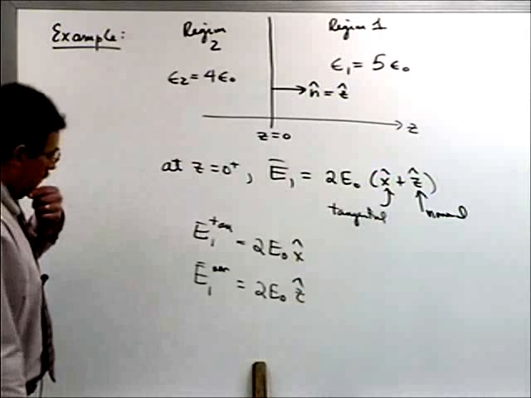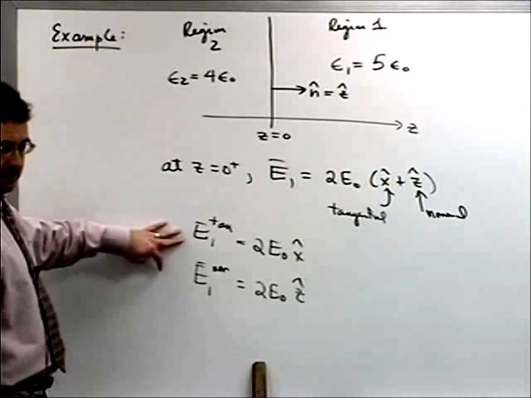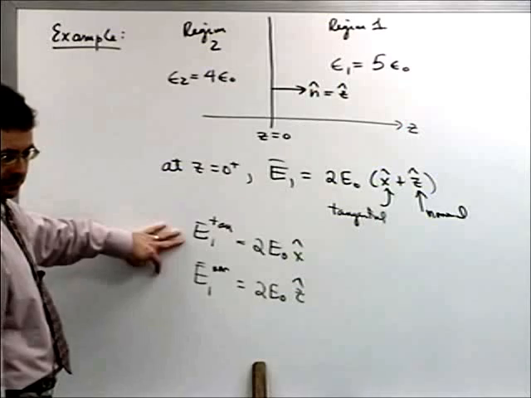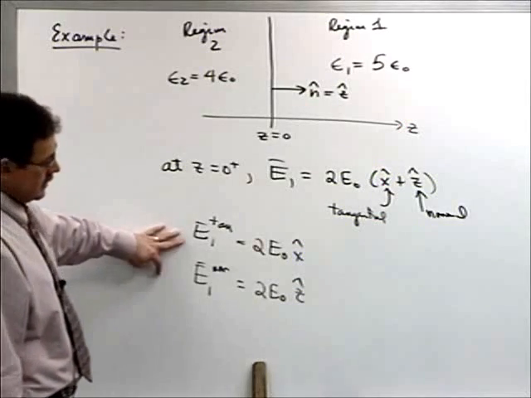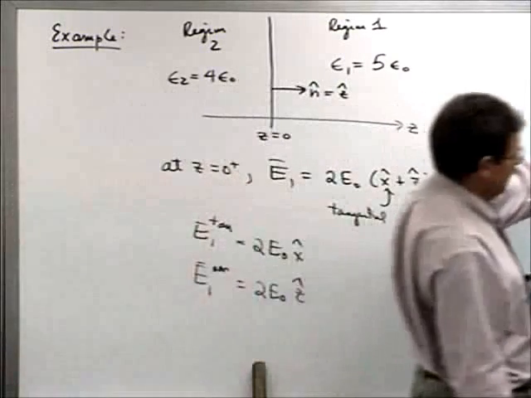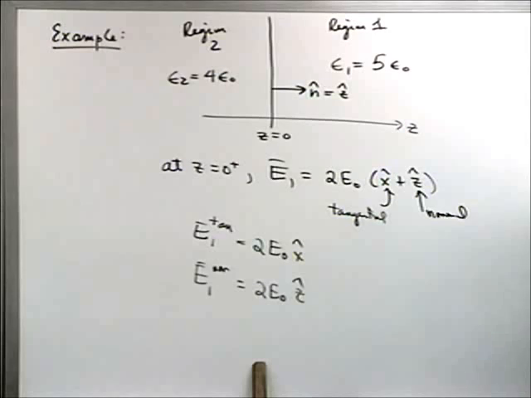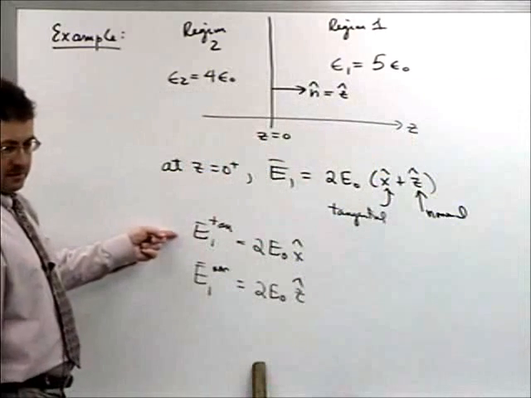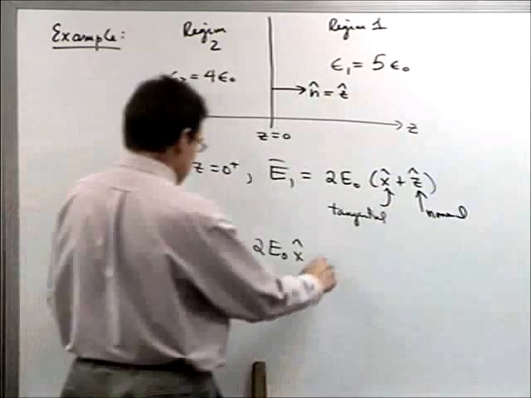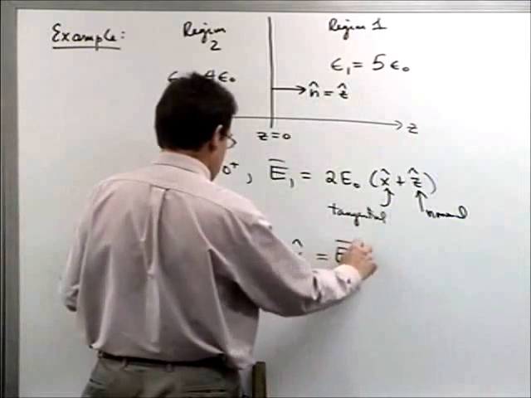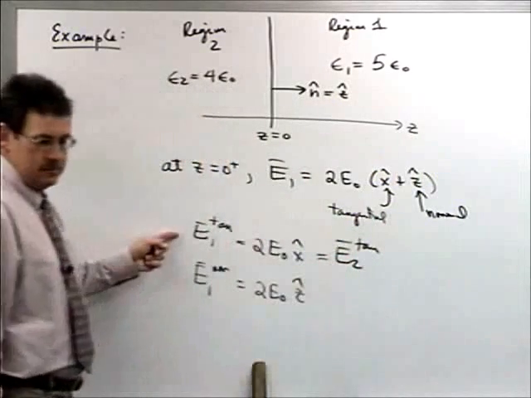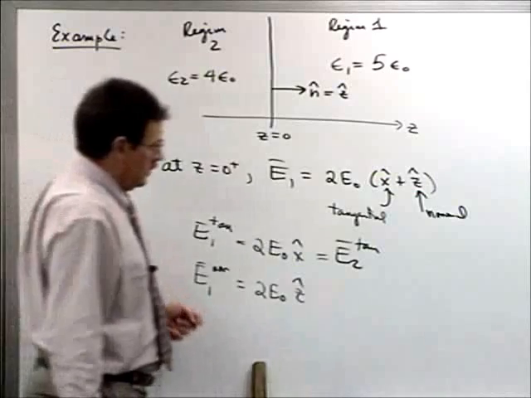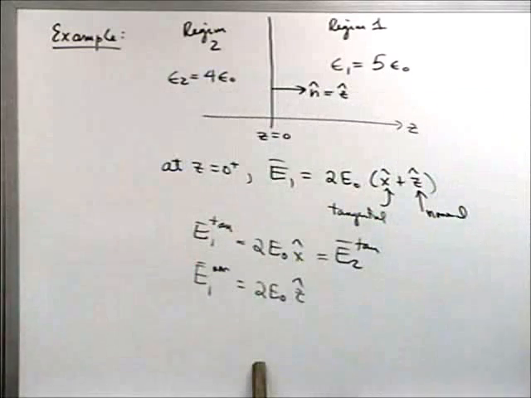All right. What's E2 tan going to be? E2 tan and E1 tan have to be the same at the interface, right? So E1 tan is going to be equal to E2 tan. What's E2 normal going to be?